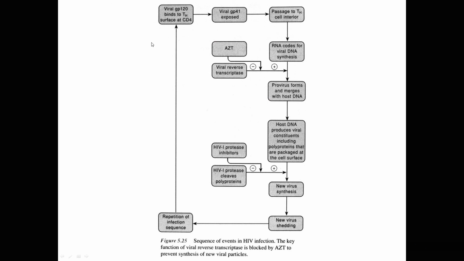This is here the mechanism of the viral penetration in the host cell presented. Viral glycoprotein 120 binding to the T helpers. Viral glycoprotein 41 exposed, passage into the interior, and RNA codes for viral DNA synthesis.